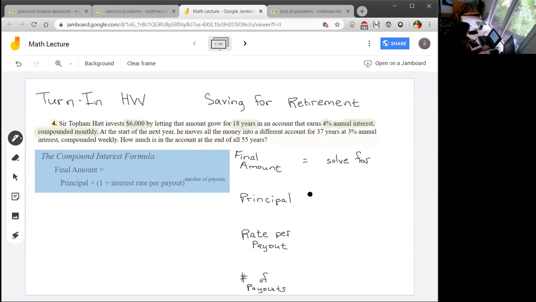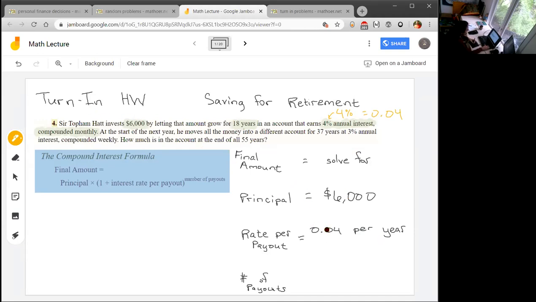Okay, the principal, we're starting with the 6,000. So far, it's nice and simple, but now the trickiness starts happening. The rate per payout is 0.04 per year, the 4%. And annual interest means that every year there's 4%. Fortunately, Sir Topham Hatt doesn't pay that much each month.